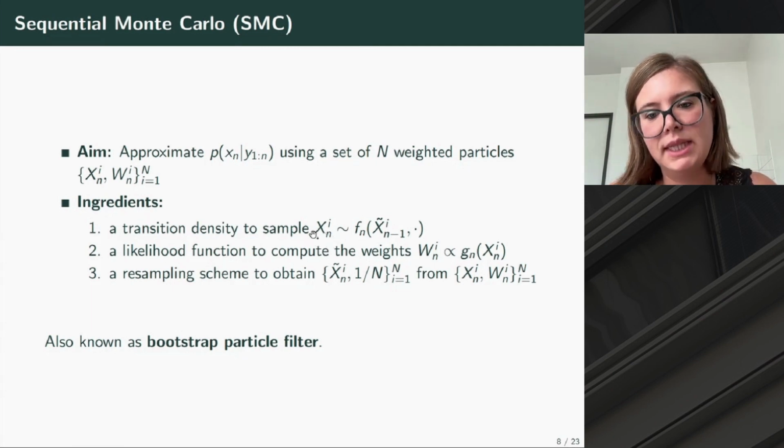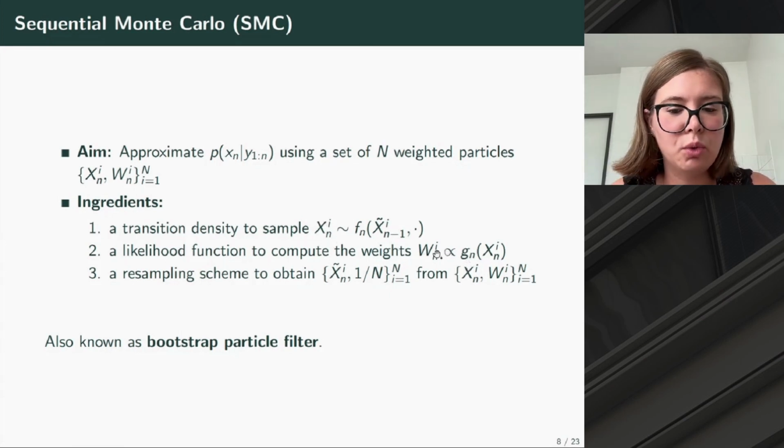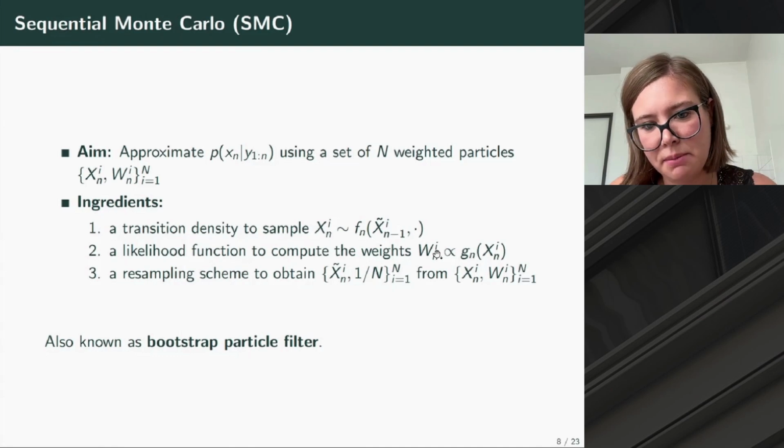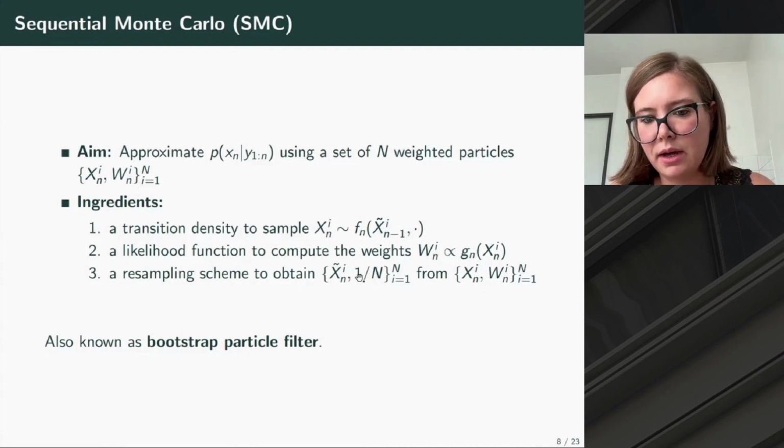Once we have done this, we use the observation likelihood to assign a weight to our new samples. This is because we have observed data, and so we want our particles or samples to be a good representation of the data. And then we apply a resampling scheme to obtain an equally weighted particle set.